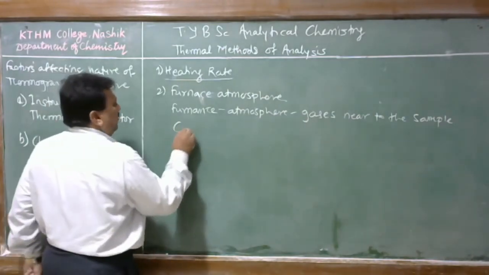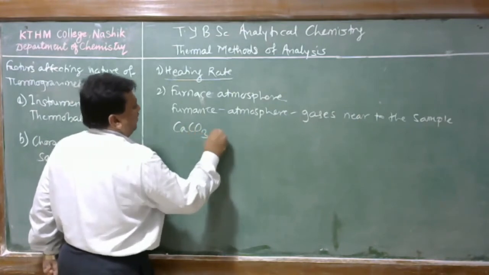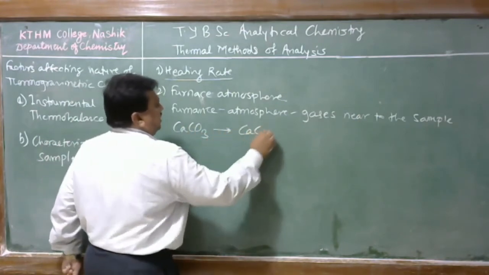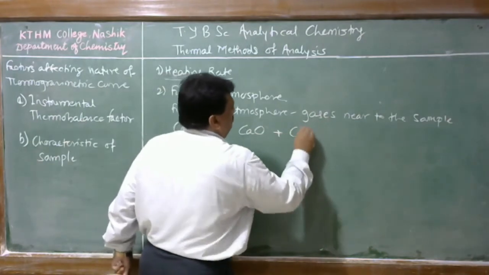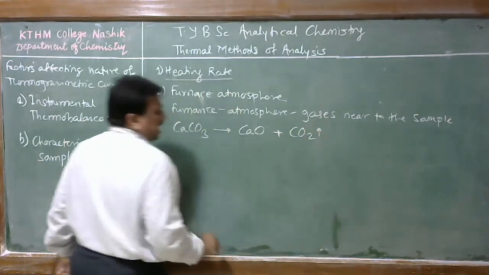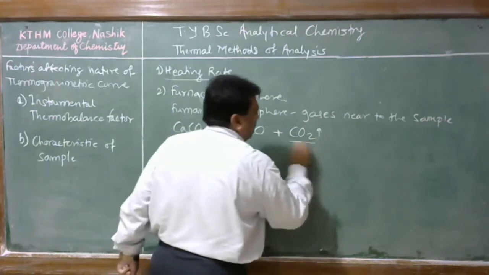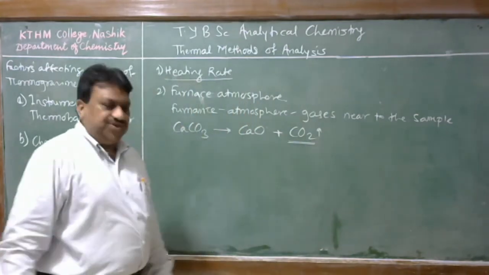For example, if we carry out the decomposition reaction of calcium carbonate, CaCO3, it gives CaO plus CO2. In this case, carbon dioxide is the product lost in the reaction.